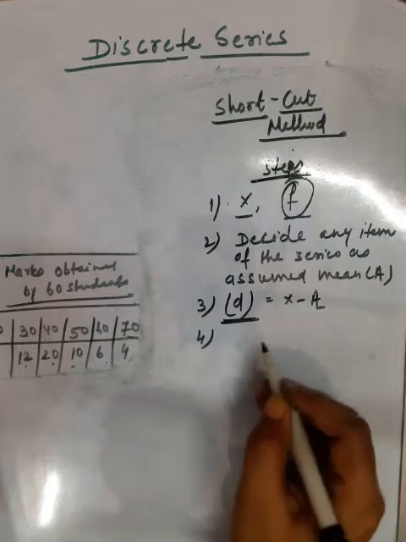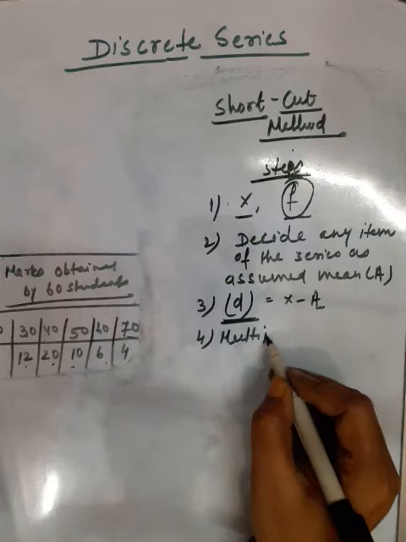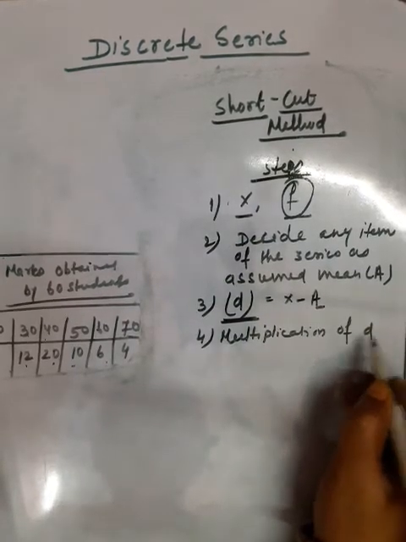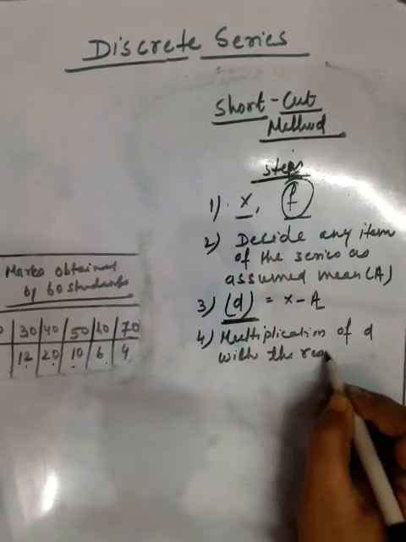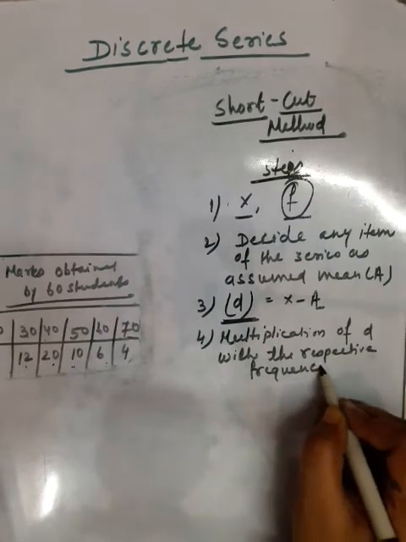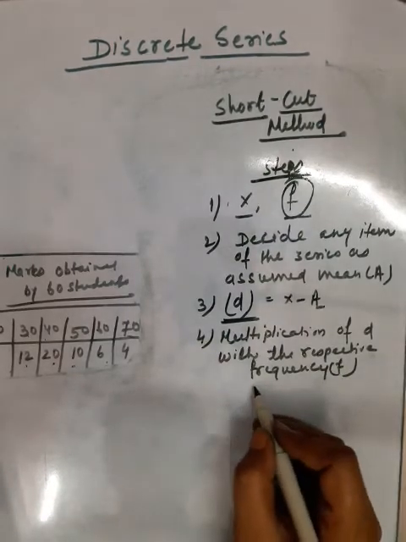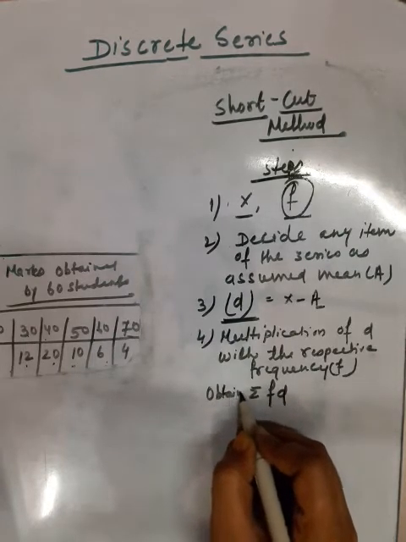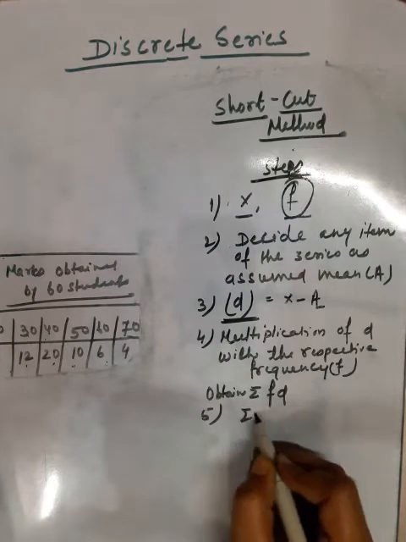Then the fourth one is multiplication of d, that is deviation, with the respective frequencies, that is f, and obtain the total to get summation of fd.